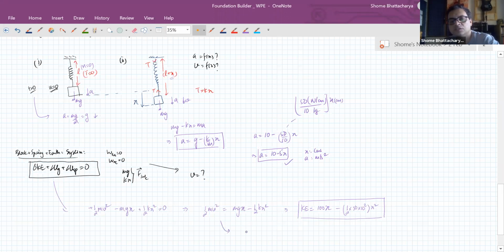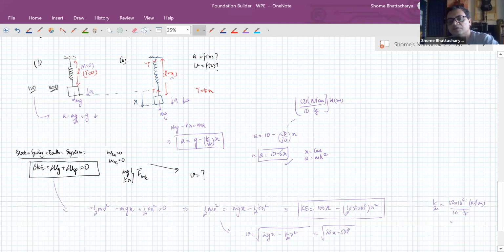So from this you can also see that your speed as a function of x will be square root of 2gx minus k by m x square. That is square root of 20x minus k by m, which will become 50 into 10 raised power 2 newtons per meter divided by m, which was 10 kg.